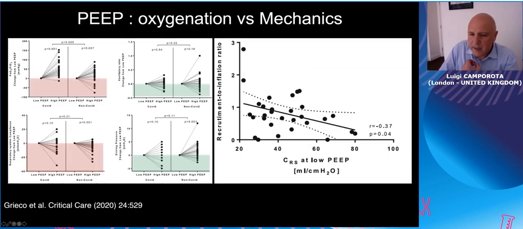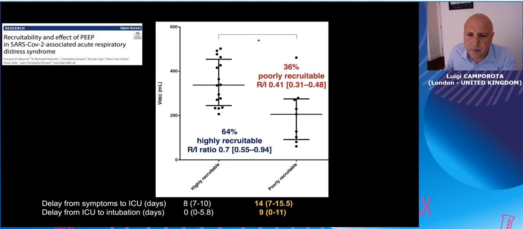The other point is that the recruitability is much more marked in patients who have lower lung compliance to start with. And so we can do a recruitment to inflation ratio to understand which patients might benefit from further PEEP increase and recruitment maneuvers.